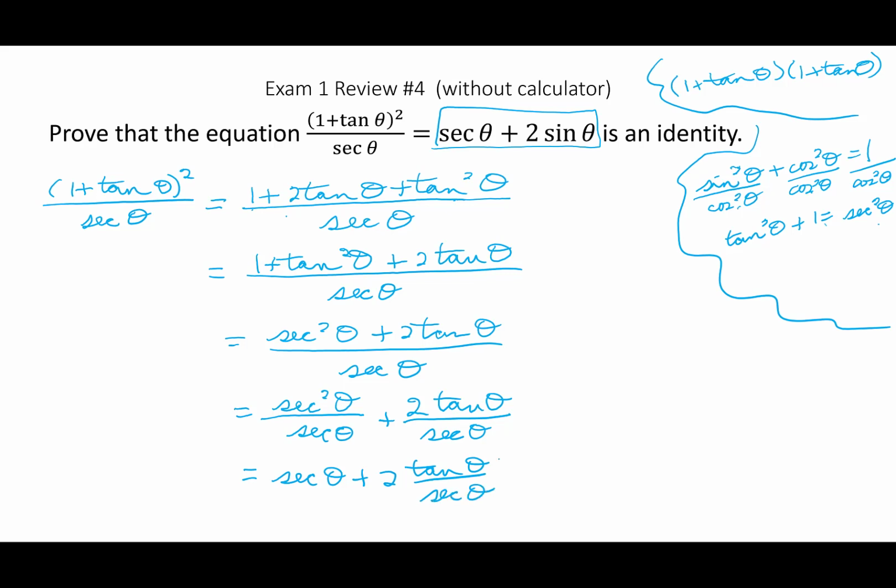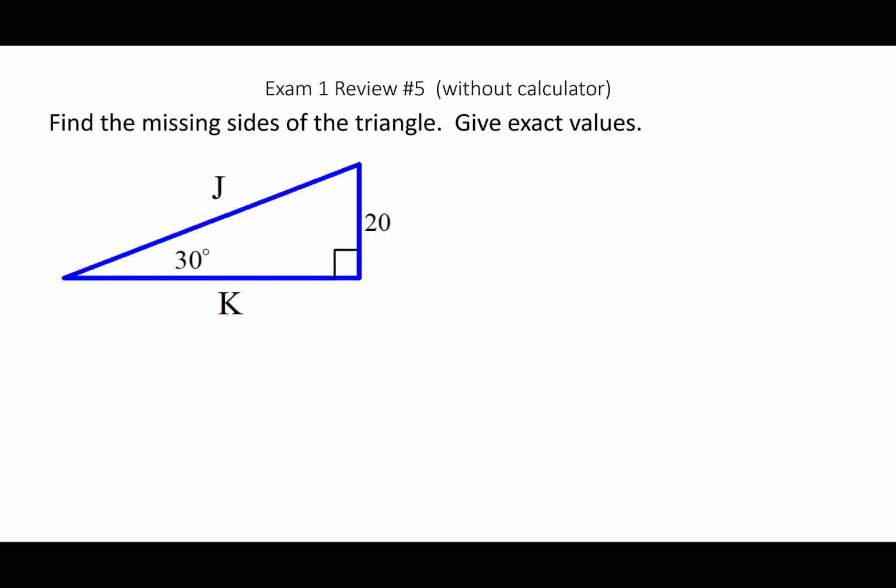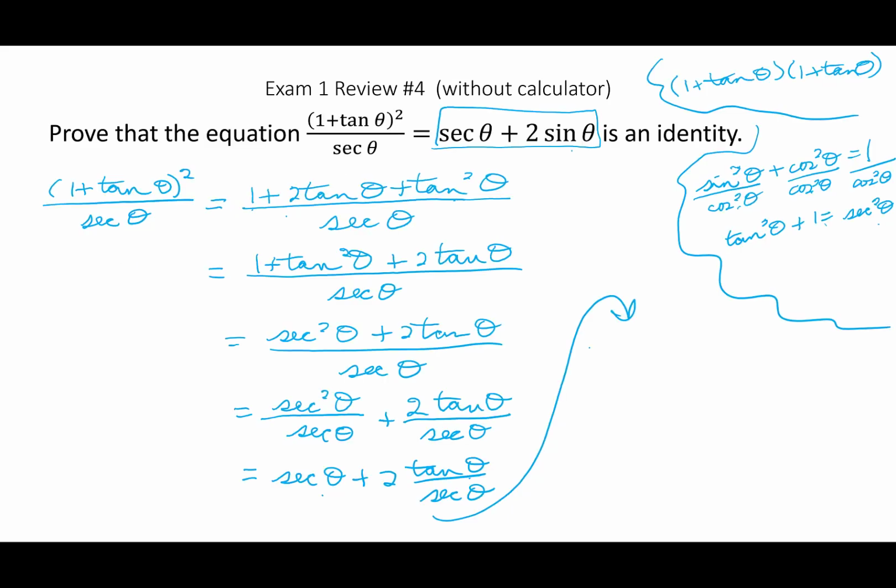And I can see the next step. So I have sec θ. If I want to turn tan θ over sec θ into sin θ, what I want to do here is write tangent and secant in terms of sines and cosines. Okay, so we have sec θ plus 2 times tan θ, which is sin θ over cos θ.